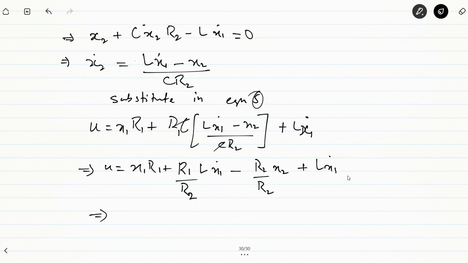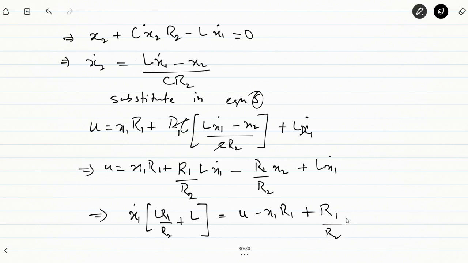So x1 dot, combining these two terms, x1 dot अंदर आपका L R1 by R2 plus L है, और बाकी सब कुछ right hand side पे ले जाएंगे, rather u minus x1 R1 plus R1 by R2 times x2.